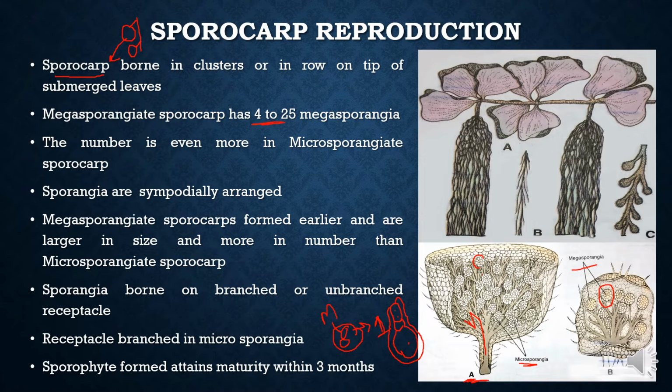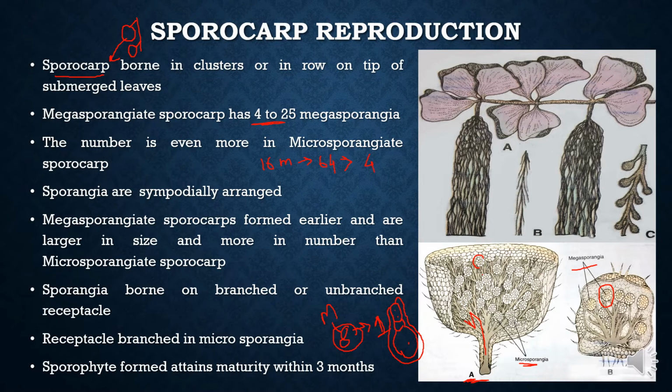So this is the structure of the archegonium, which contains the egg, and this is the ultimate structure that the single megaspore forms. Now when we come to the microspore, we see that the microsporangia have numerous microspores.